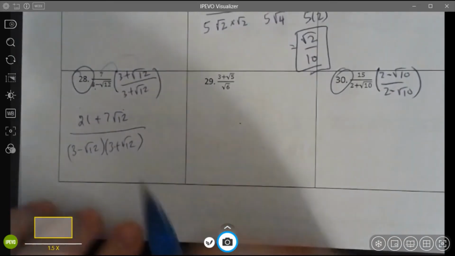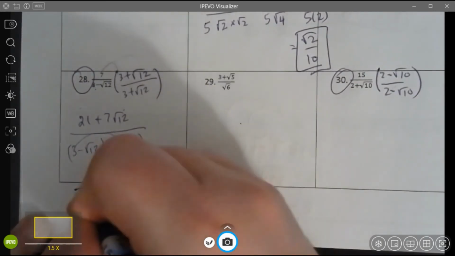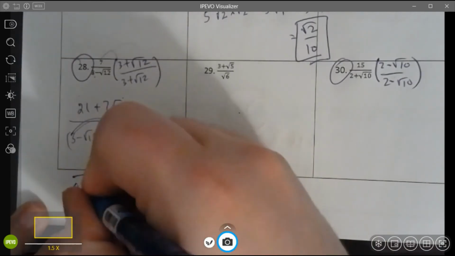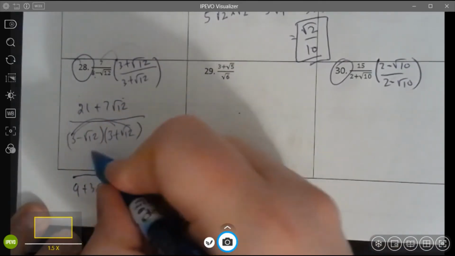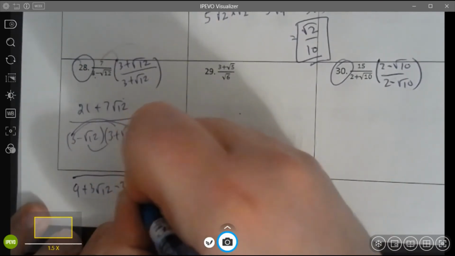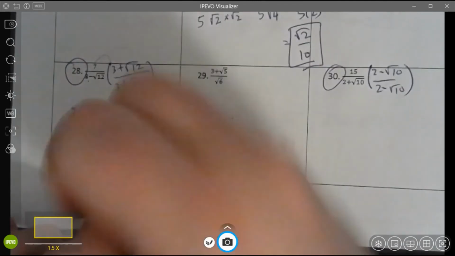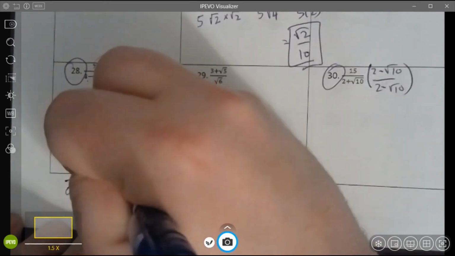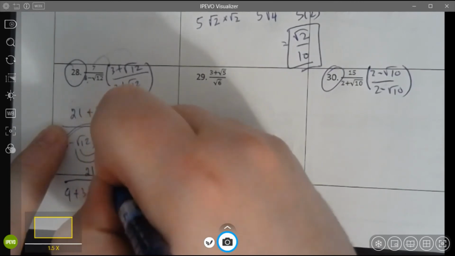So I'm just going to FOIL this out. 3 times 3 is 9, so on the bottom I'm going to have 9. 3 times positive square root of 12 is 3 square root of 12. 3 times negative square root of 12 is negative 3 square root of 12. And negative square root of 12 times positive square root of 12 is negative square root of 12 times 12. And then on the top, 21 plus 7 root 12.